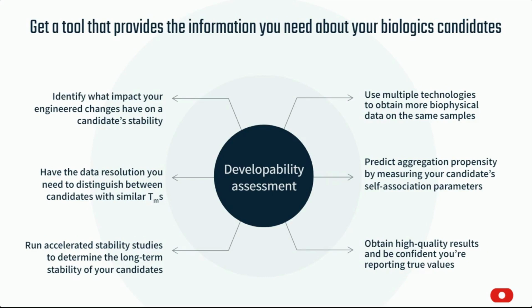We also showed how the resolution of the NanoDSF data in particular can help unveil exactly how those candidates are unfolding. There are other developability attributes that light scattering optics help reveal, including long-term stability from accelerated stability studies, and self-interaction measurements that can help you predict how your samples may behave at high concentrations that are typically required for clinical administration.